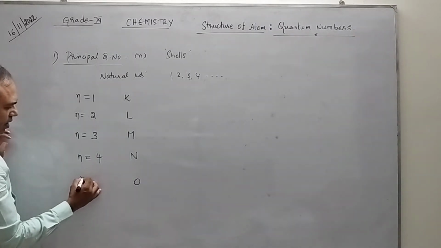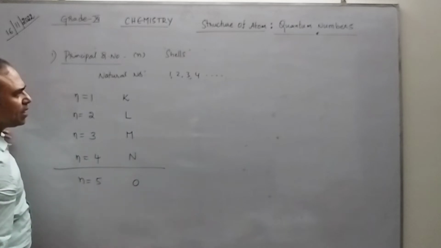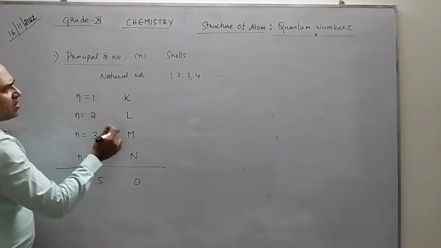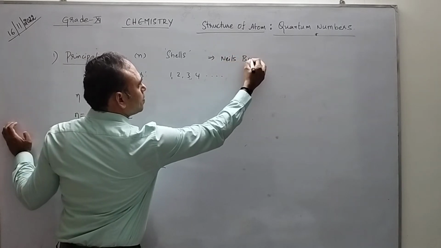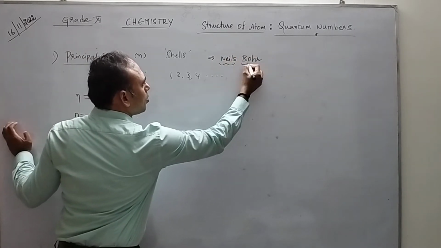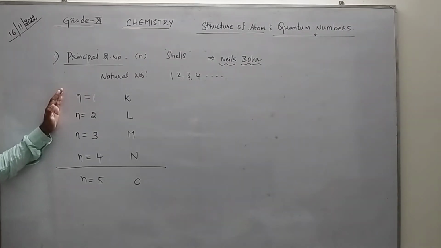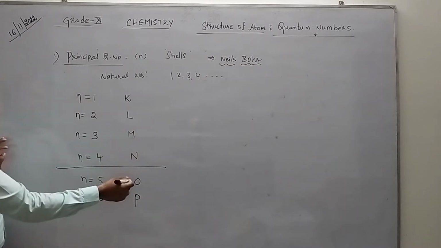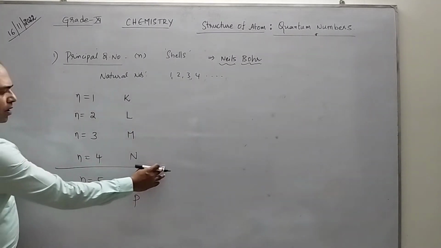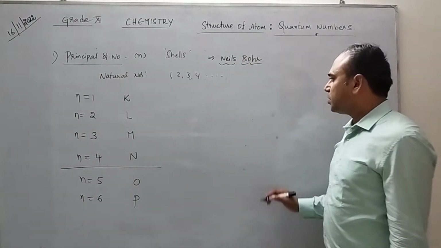If it proceeds, you will get like this. After K, L, M, N, generally we discuss about K, L, M, N, and this particular principal quantum number was given by Niels Bohr. So in Bohr's atomic model, you have seen K, L, M, N shells. Now if it extends, we get K, L, M, N, O, P and so on. Now let us write a simple structure of this.